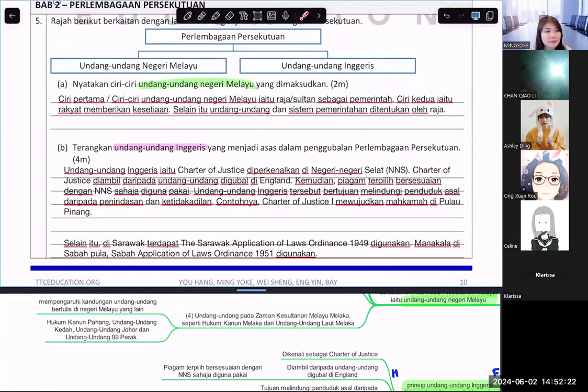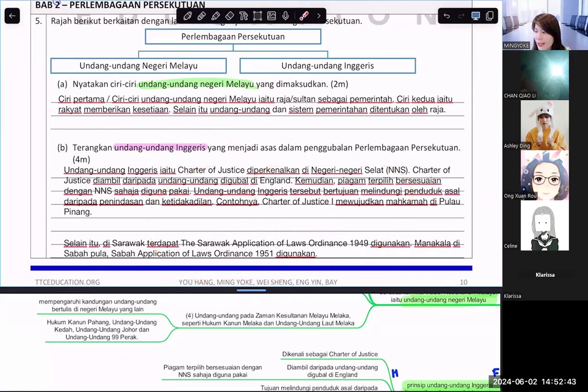Understand? Any question until here? Good. These two are also considered marks for English law because they never say it's for Tanah Melayu only, or for Sabah or Sarawak only, so everything regarding English law also can.